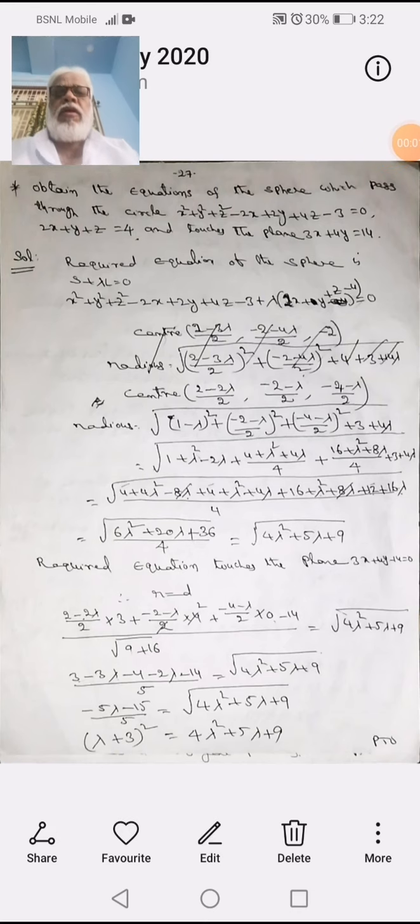In another problem, obtain the equation of the sphere which passes through the circle x square plus y square plus z square minus 2x plus 2y plus 4z minus 3 is equal to 0, and 2x plus y plus z is equal to 4, and touches the plane 3x plus 4y is equal to 14.